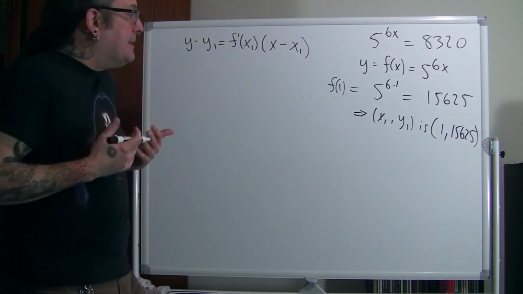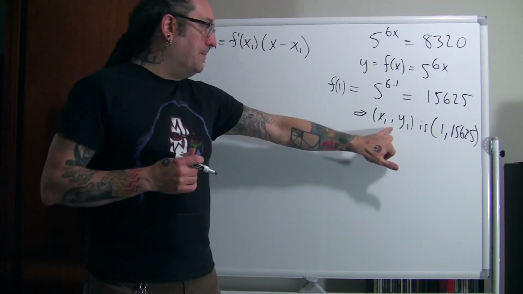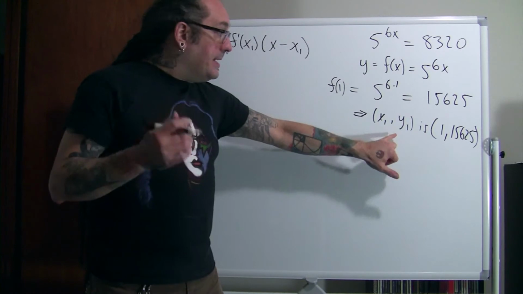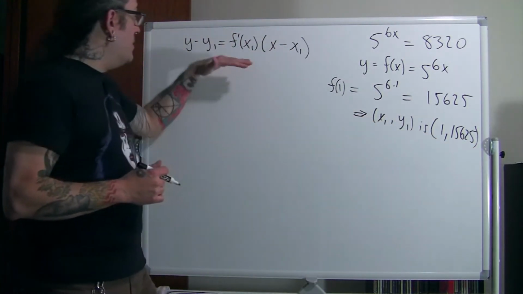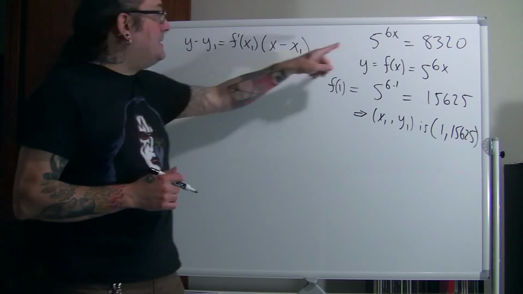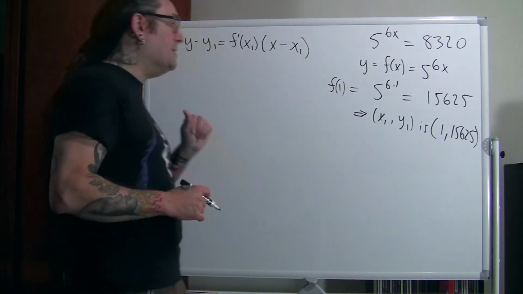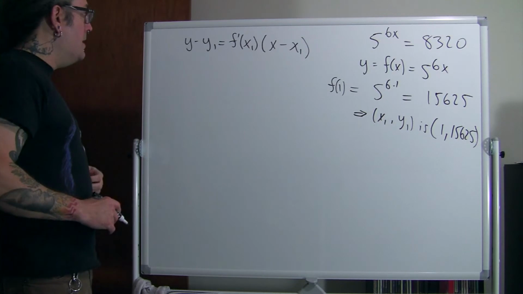So I had to create an x1, y1 for myself, and I did. Here's my initial point. And now I'm going to use this point as the point that goes in here, to which I will estimate this value. And some interesting things happen.